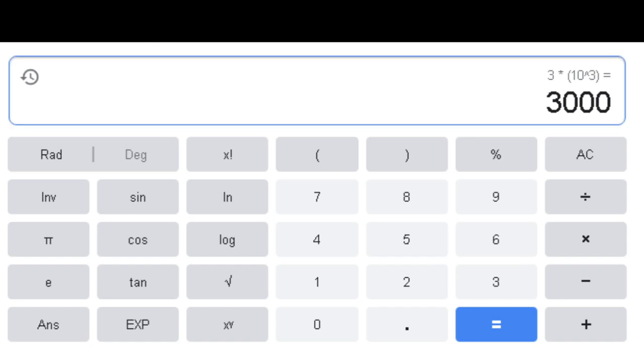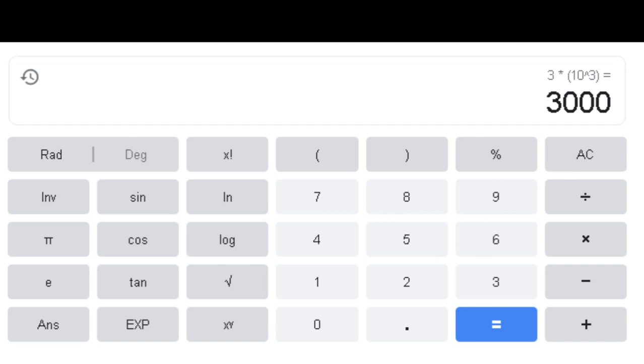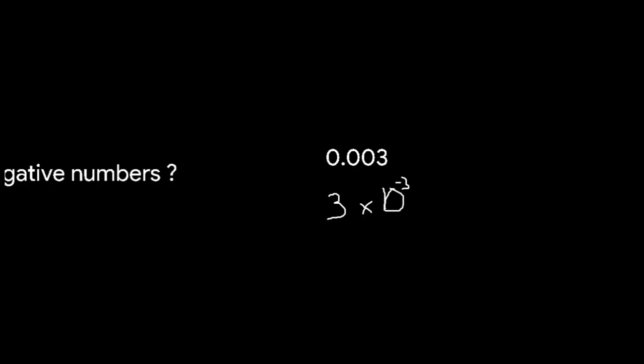When we are writing numbers, we are moving three steps backwards, so if you do this you get three zeros here, and that's why you got 3000 there. So what you have to do is put minus 3. Yes, you have to put minus 3, not positive 3.